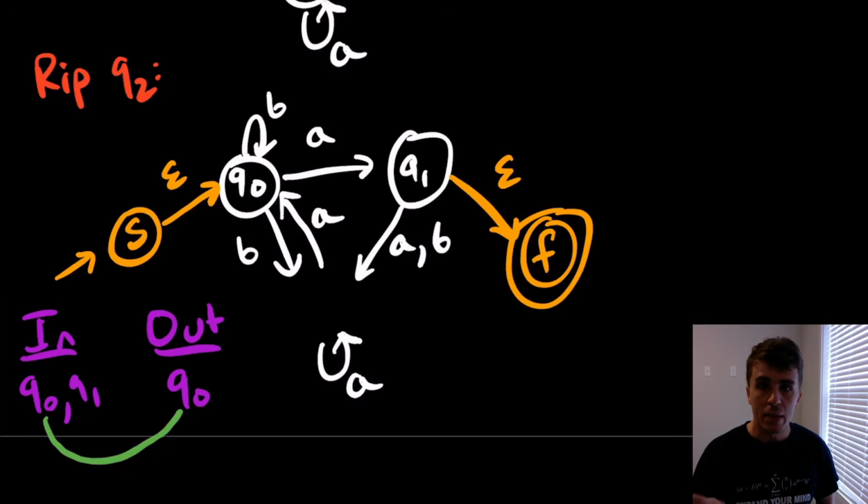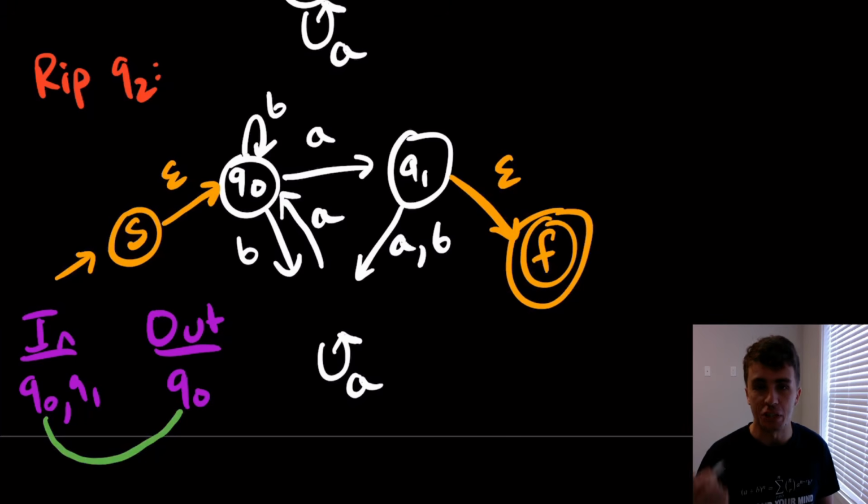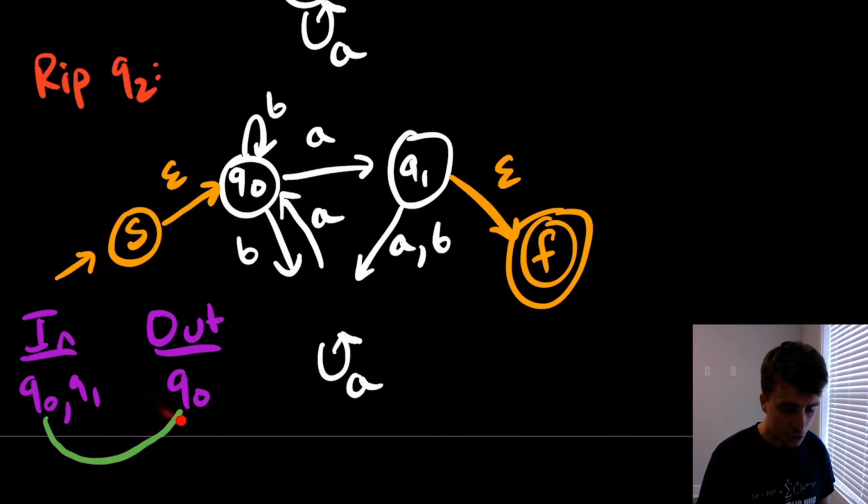So what we need to ask is, how did Q0 go into Q2, which is this B transition right here, which is fine. Did Q2 have a self loop? Yes, it does, which is A. And how did Q2 go back to Q0? Well, it went back to Q0 on this A transition.